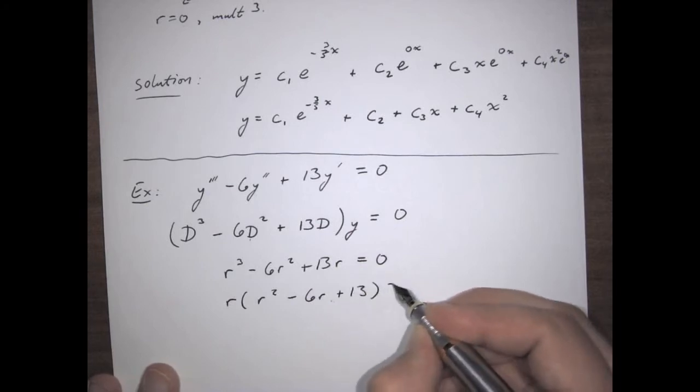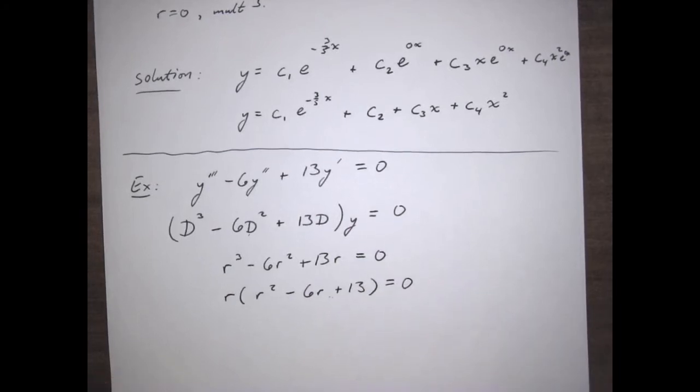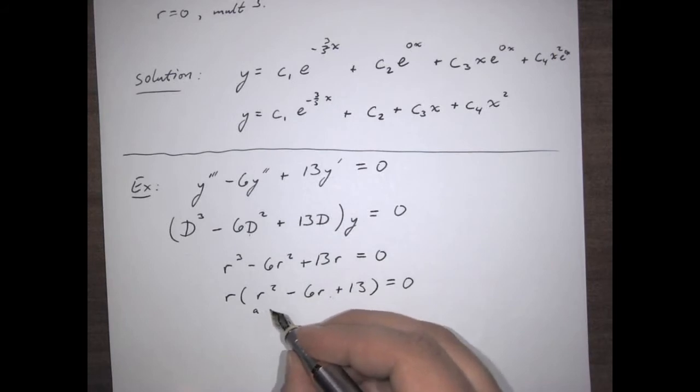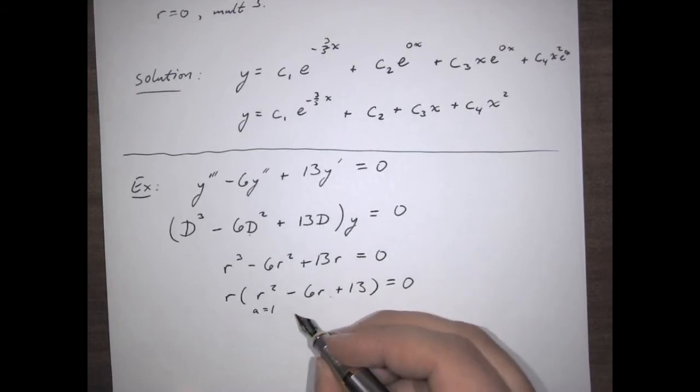plus 13 equals 0. Now we can see that we're not going to be able to factor this in its current form, so we'll need to use the quadratic formula or perhaps complete the square.